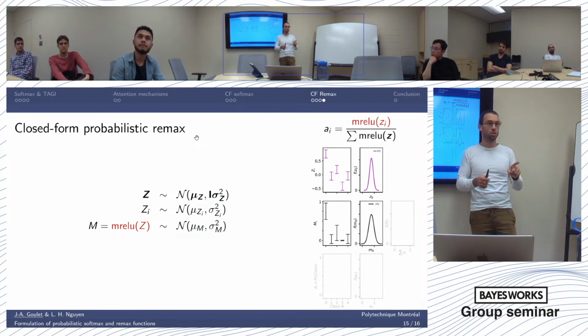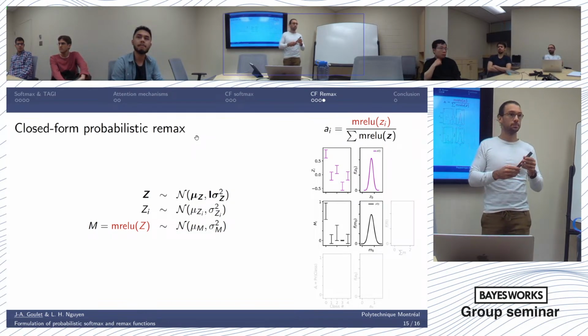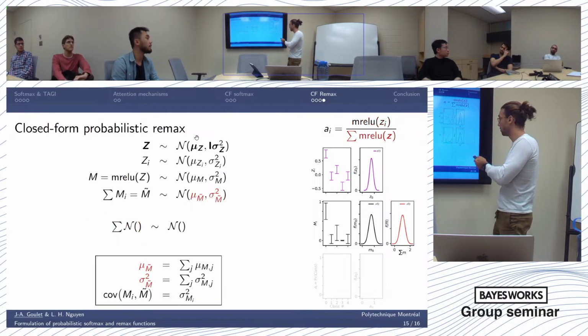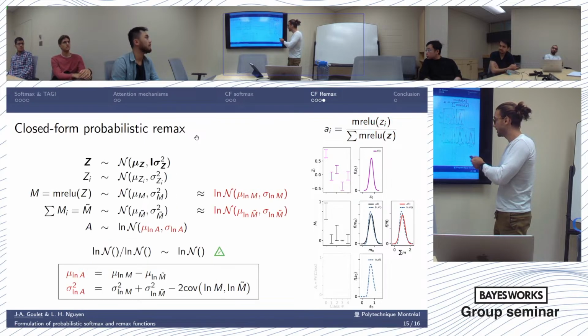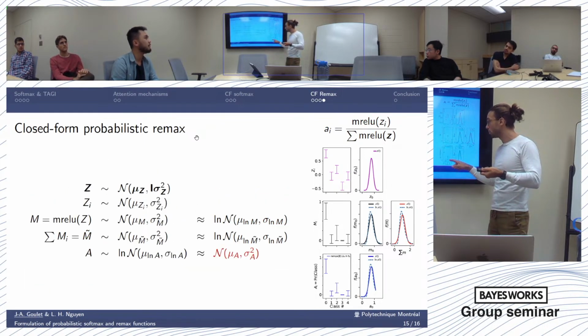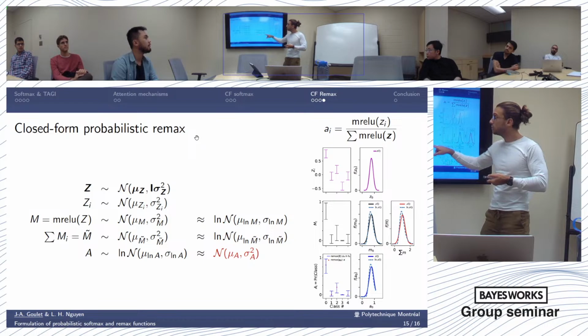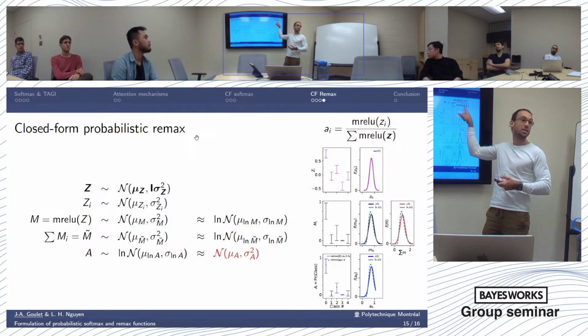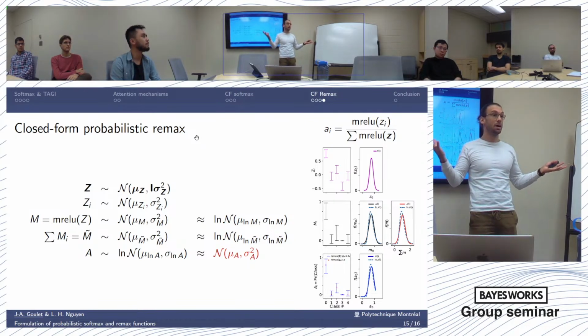You had a second question? No, because you said also the mean value, you were showing some mean, which was deterministic. Exactly. So I do the same thing, but instead of using a population of samples, I only use mu z. So MReLU of mu z divided by the sum of mu z. Got it. Okay, so we completely omit the uncertainty about z.